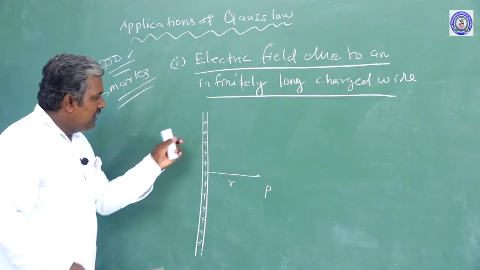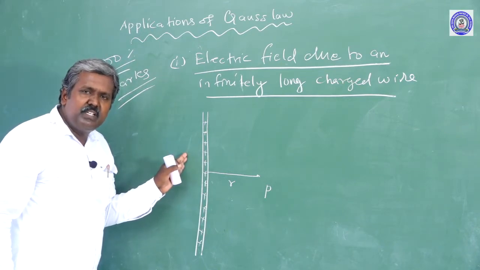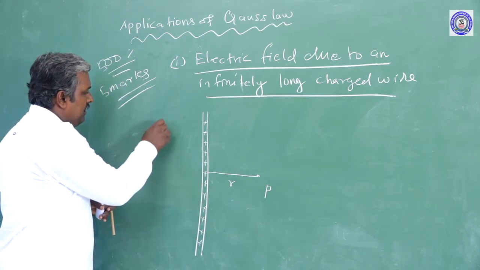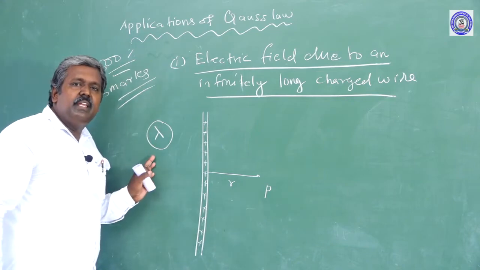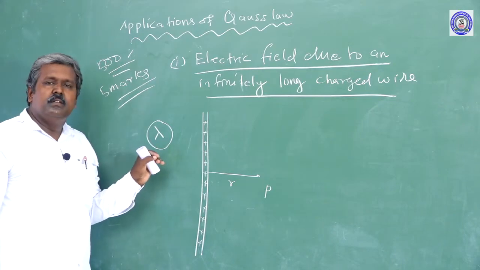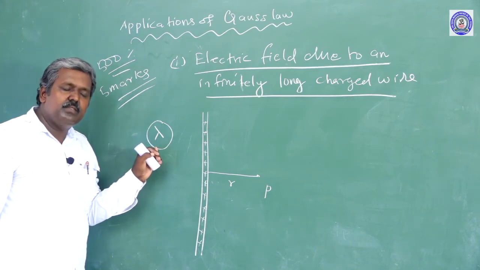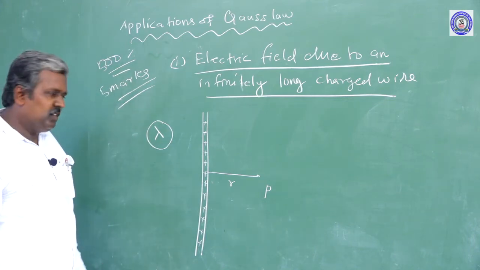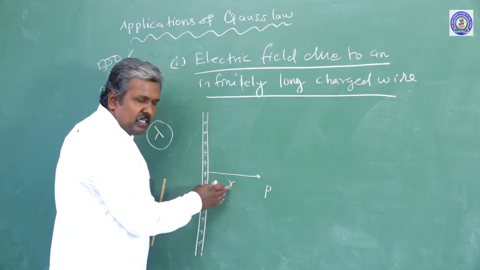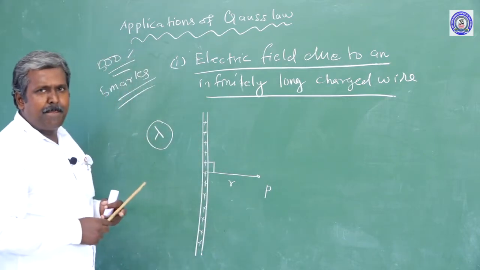At the same time, consider a long straight positively charged wire, that means a uniformly charged wire having uniform linear charge density lambda. This is very, very important. Here lambda means charge per unit length, or uniform linear charge density. Okay. Here consider one point P at a distance r from the charged wire. This is the perpendicular distance.